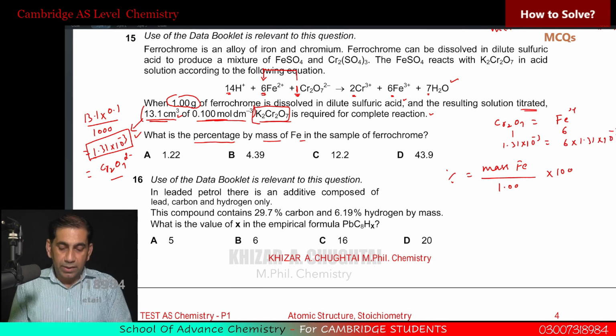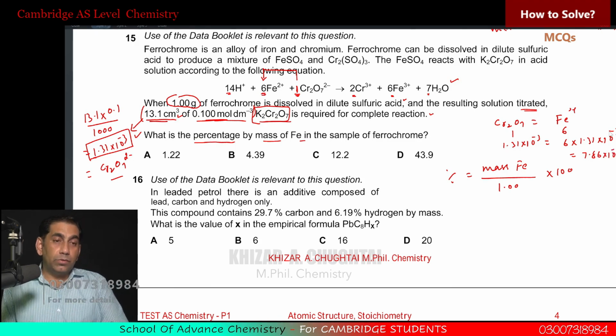So the final answer is 7.86 into 10 raised to power minus 3.